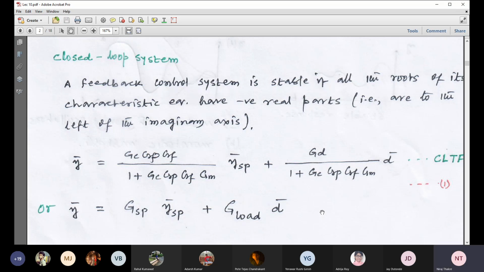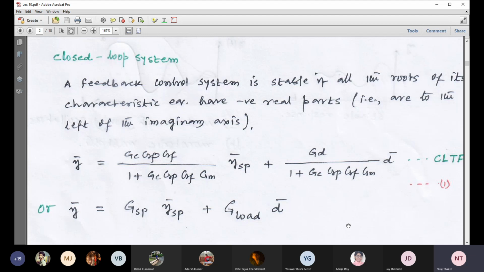If we consider numerator equal to 0, we get zeros of the system. If we consider denominator equal to 0, we get poles of the system. So in a similar way, if we consider the denominator equal to 0, we get the poles of the closed loop system.